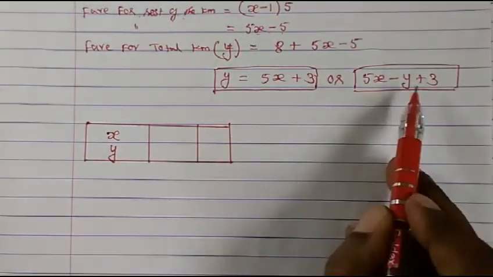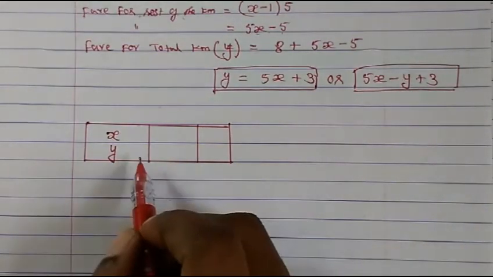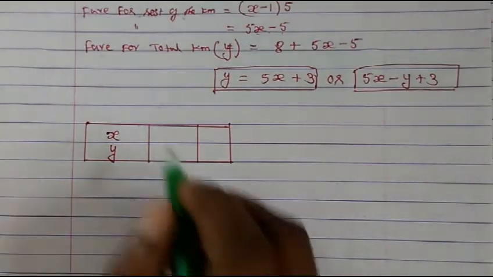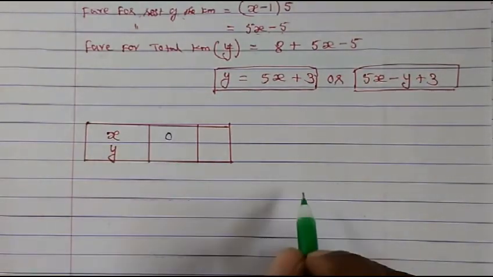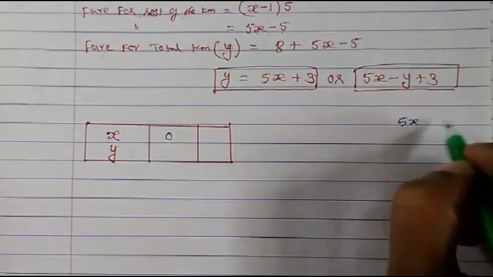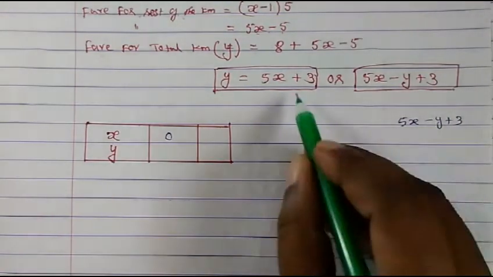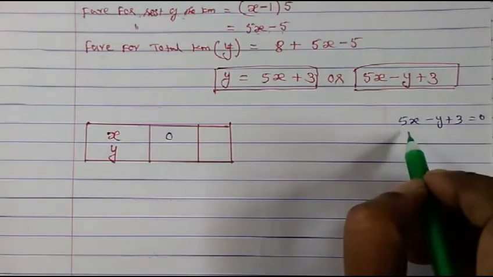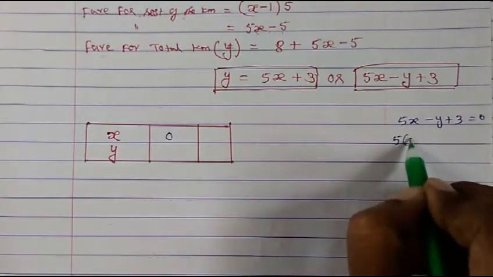We have to put into the equation now. If I consider x as 0, for example, then what will I get? Let me put this equation which you are familiar with, 5x minus y plus 3 equal to 0. Anyone you can use. So now I am taking the x value as 0.